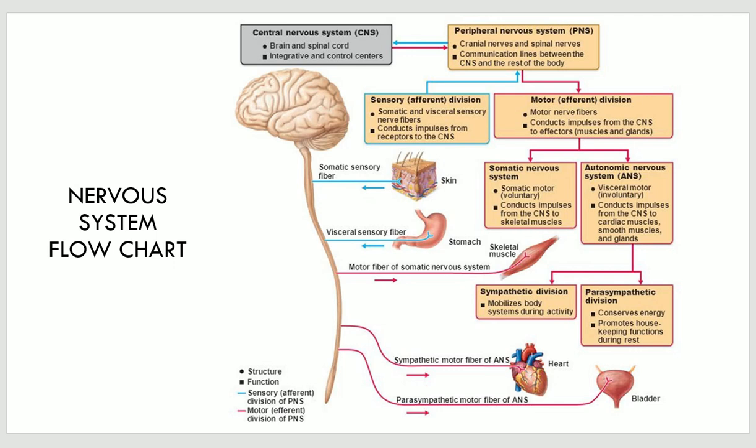Sympathetic is associated with fight or flight. So sympathetic mobilizes the body systems when you sense danger. It makes your senses hyper acute. So think evolutionarily. The sympathetic nervous system is going to kick in when you start sensing danger, like being chased by an animal.